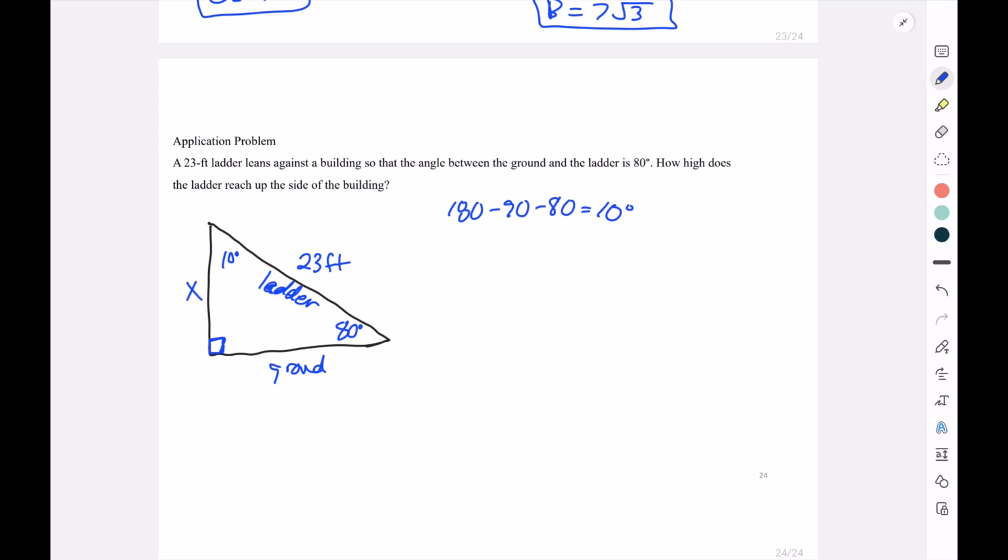So if we look at using the sine trig function, we know that sine of theta is equal to opposite over hypotenuse.